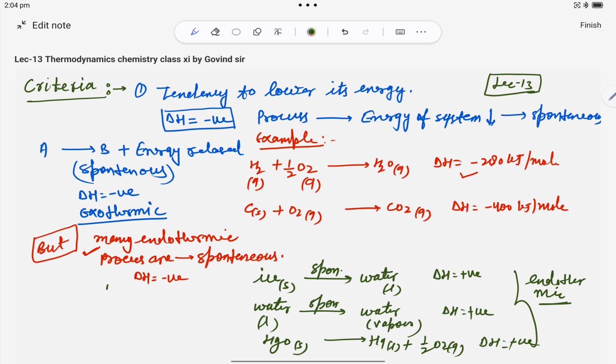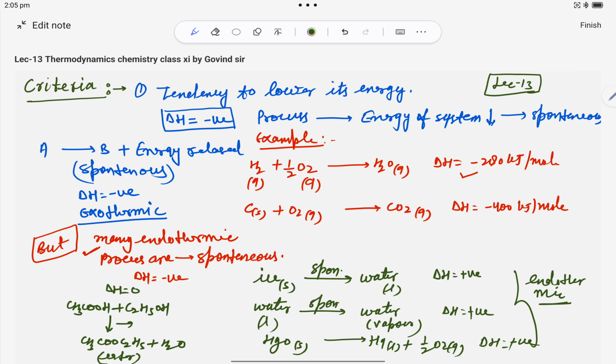Sometimes delta H is zero also. Which reaction? Check it. CH3COOH carboxylic acid with C2H5OH, forming CH3COOC2H5, esterification. What is it? Ester.